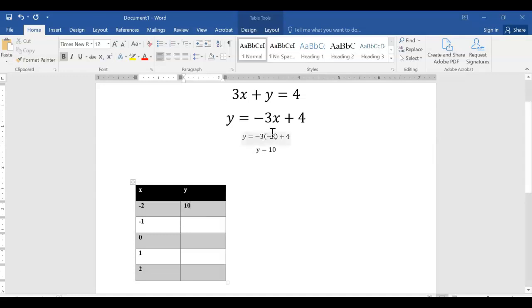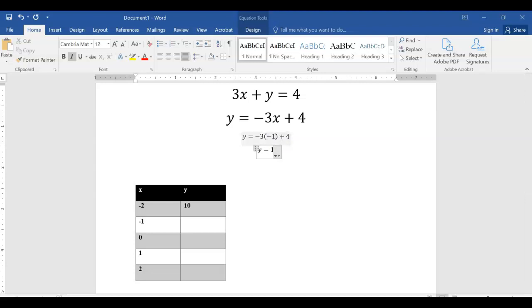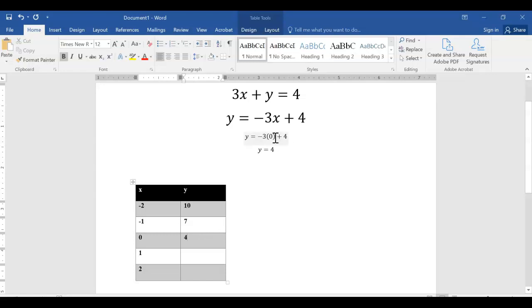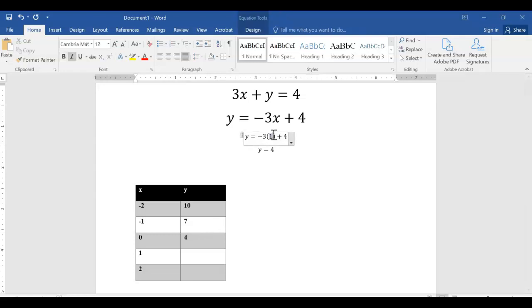If I plug in -1, I end up with a y value of 7. If you plug in 0, you end up with a y value of 4. If you plug in 1, you end up with a y value of 1.